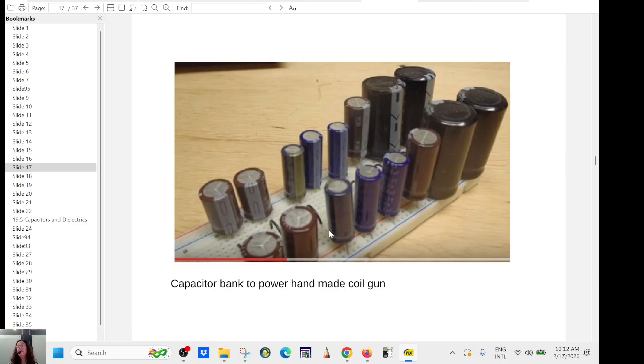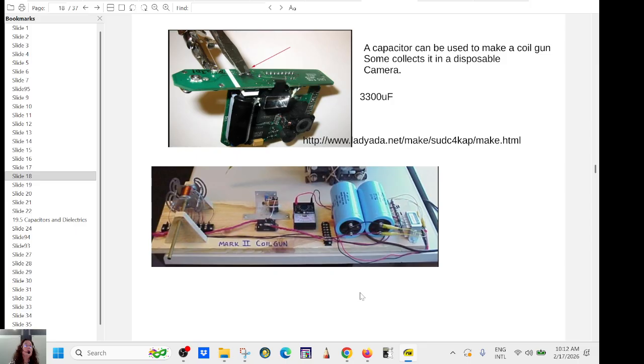The military people have this. If you are interested in making one, you can look up how to make a coil gun. It's fun, but you have to be careful. So you have a coil and a capacitor: energy stored in a capacitor goes to energy stored in a coil. The coil can be used as an electromagnet, so it can shoot a projectile.